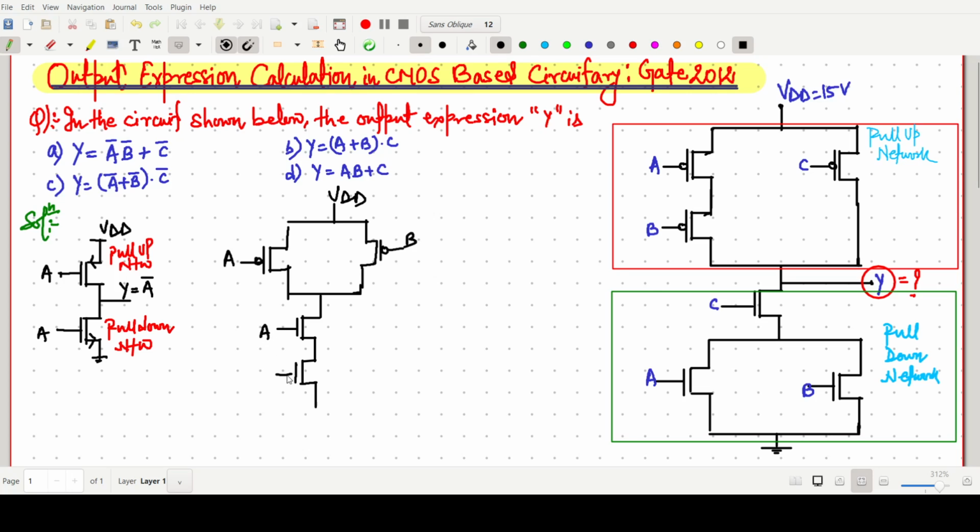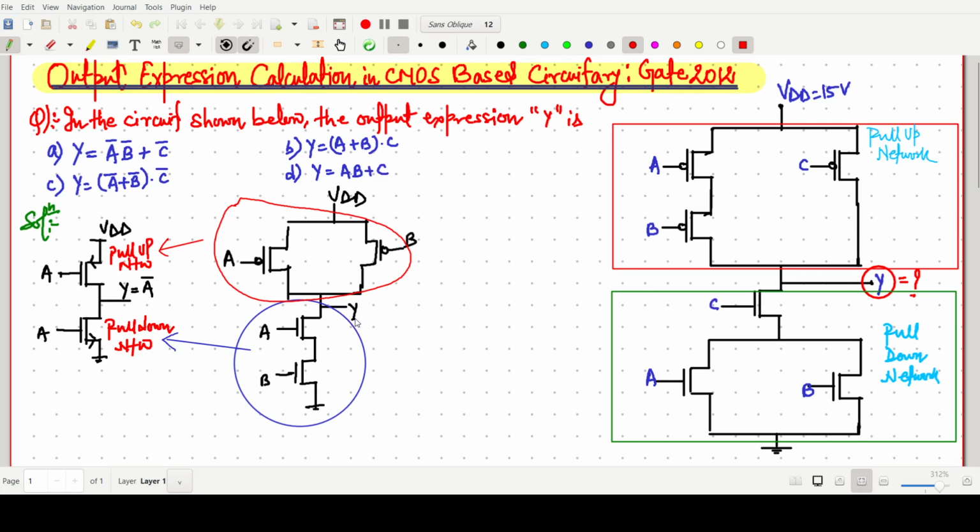This one is A or B. We are taking the output. The below one is our pull down network, and the above one is our pull up network.